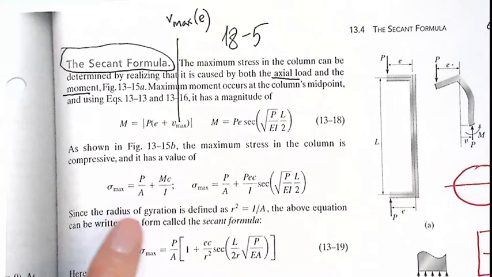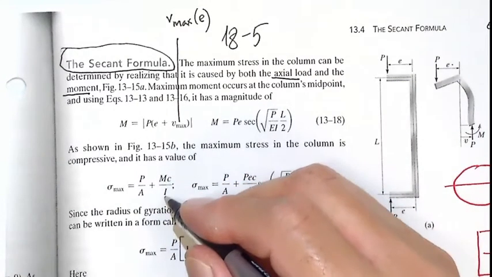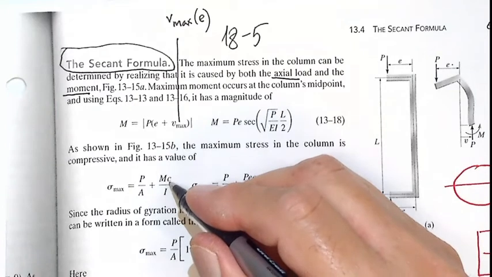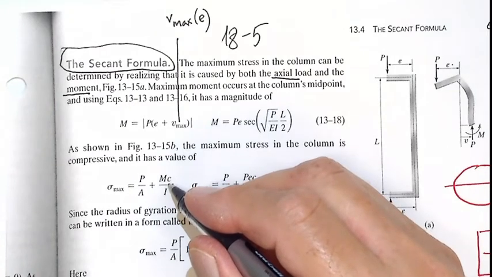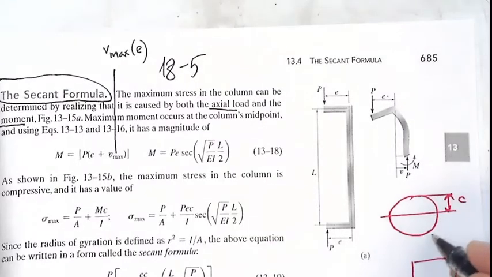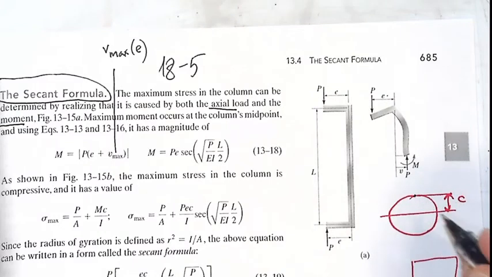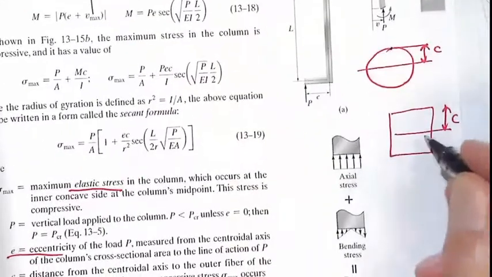Sigma maximum equals P divided by A, that is the stress because of the load, plus, from strength of materials, the moment divided by the moment of inertia times the maximum distance to the outer fiber. If that is a circular cross section, then the maximum stress occurs in a single fiber at distance c.